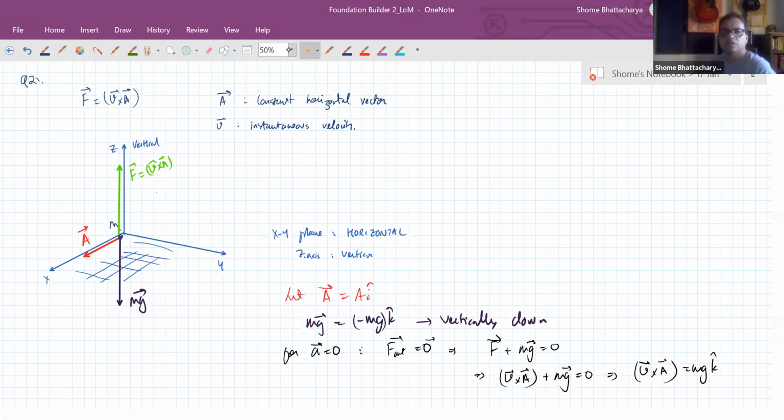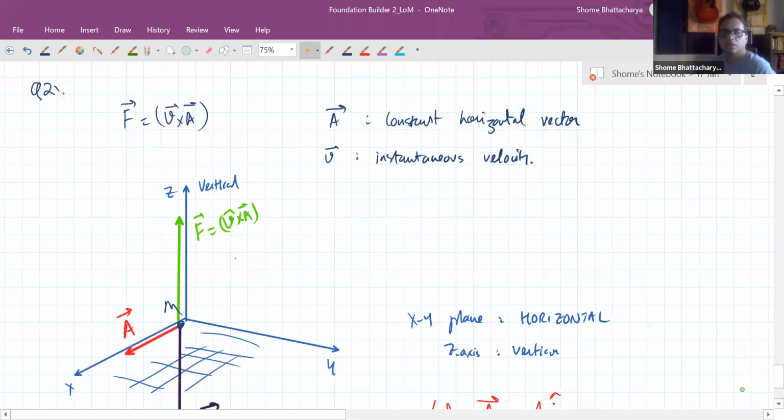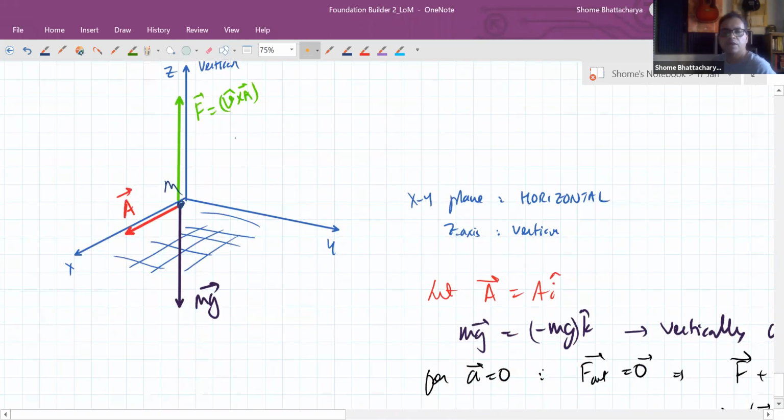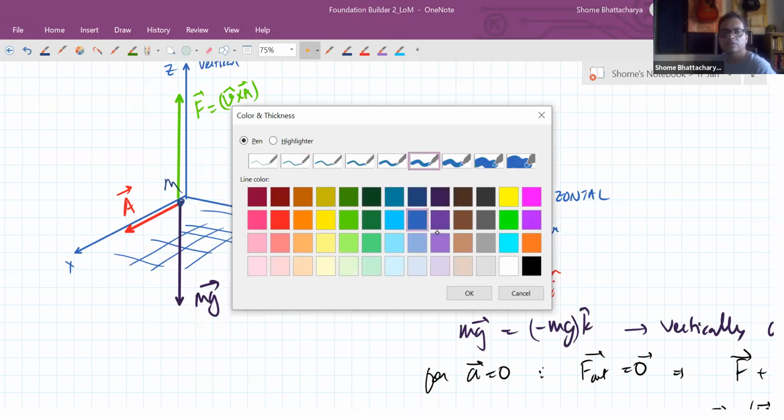Okay. So you can see that to give it an upward force, we will need to give the particle a velocity which is in some direction like this.